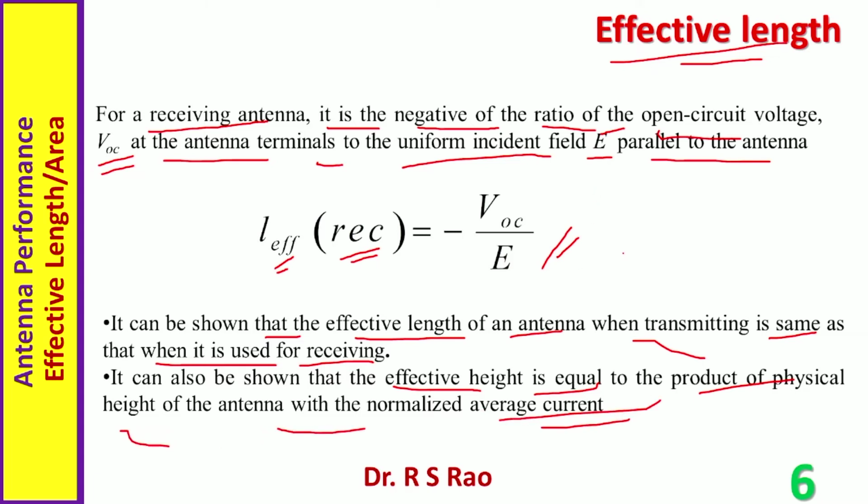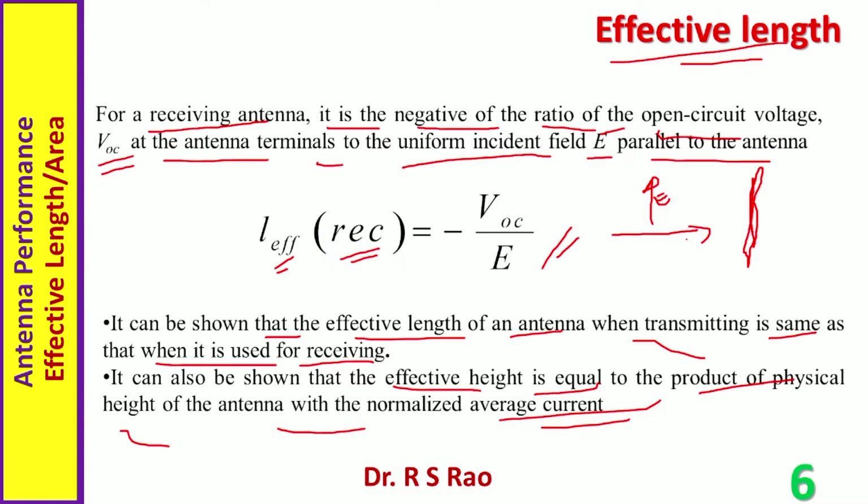Before going further, some explanation regarding the effective length of a receiving antenna. Let us suppose a wave is coming and the electric vector is vertical. Here you placed a wire antenna like this. E is parallel to the length of the wire.